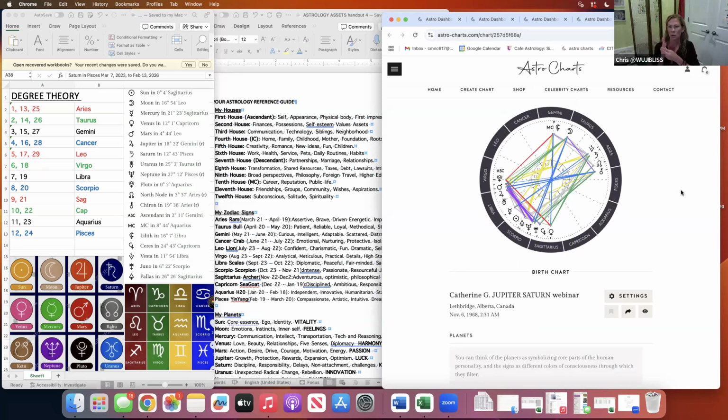You may not want to share a bank account, either with a child, with a romantic partner, or with a parent. You may want to keep your money assets separate. Saturn in the 8th house is interesting because I also have Saturn in the 8th house. Saturn in the 8th house could mean challenges with taxes. Saturn in the 8th house is sometimes attributed with having the IRS audit you.